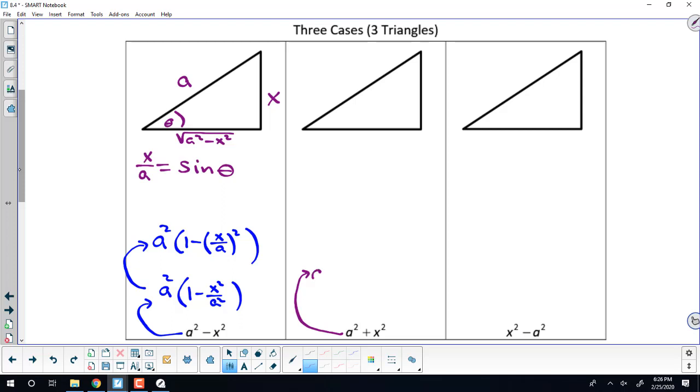So like a squared plus x squared, we factor the a squared out again, we have 1 plus x over a, quantity squared. That tells us our substitution should be x over a equals, what would we sub there? Tangent, right? Because 1 plus tangent squared is secant squared. It's another square itself.